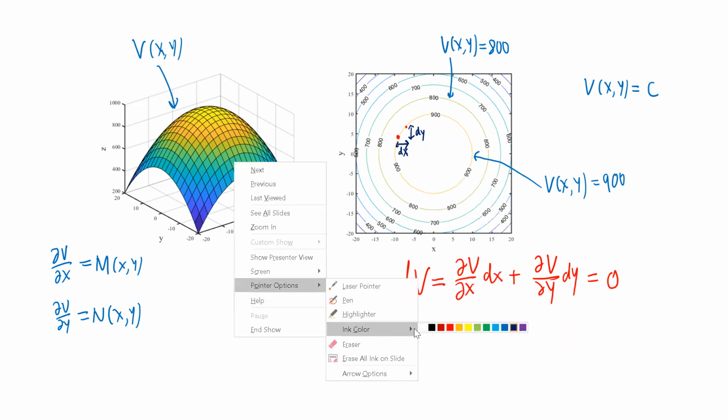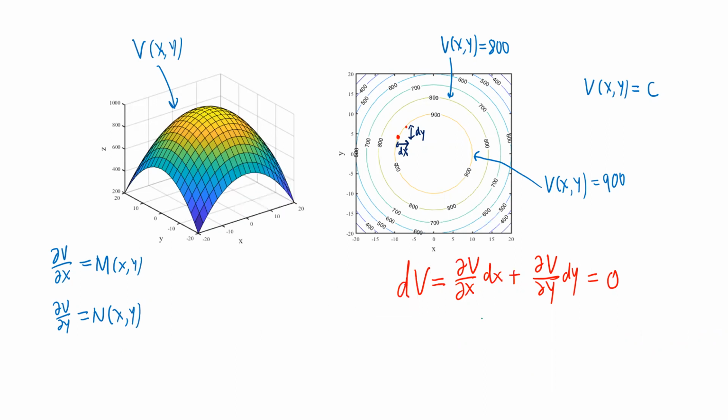From here, dy times partial V partial y has to be equal to minus partial V partial x times dx. That means dy/dx has to be equal to minus partial V partial x divided by partial V partial y.